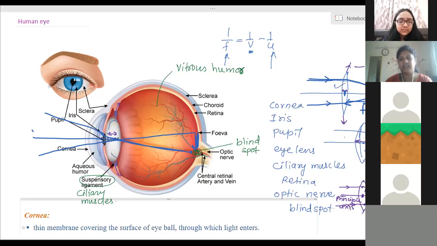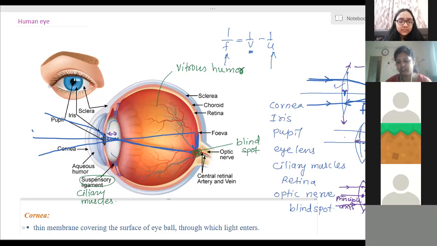So how bright the image is, is sensed by the rods, and the cones sense the dimness of the image as well as the color of the image, which color you are seeing.